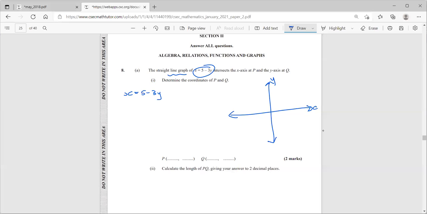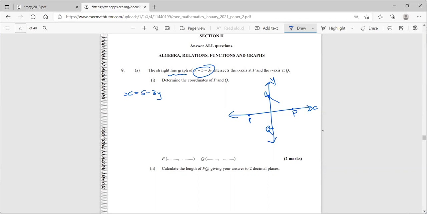So it's all about reading and understanding. The straight line is intersecting the x-axis, which is here, at P, and it's intersecting the y-axis at Q. So P could be either here or here, and Q could be either here or here. Well, somewhere. Everybody understand what's happening, right?